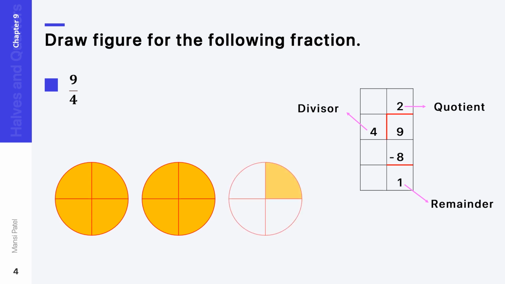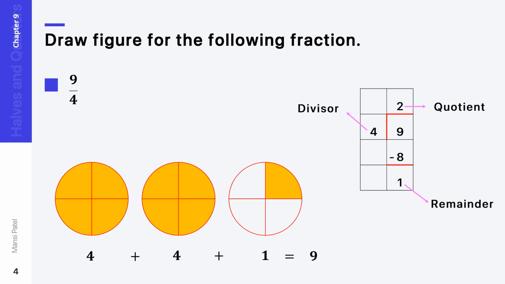So again draw one circle, again make 4 equal parts, and out of these 4 equal parts you have to shade just one part. Now just check whether there are 9 parts or not. In the first circle 4, second circle 4, and in the third circle there is 1. So 4 plus 4, 8, and 8 plus 1, 9.